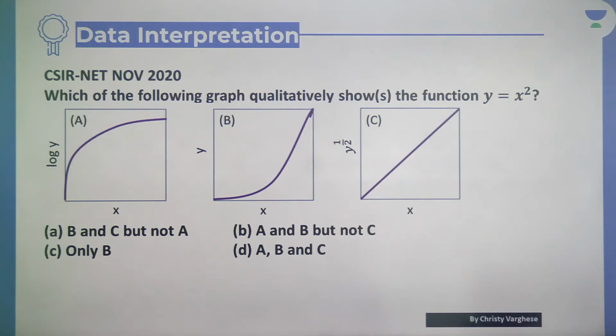You can put in some dummy values and find it. But if you know the nature of the logarithm graph, it is easier.